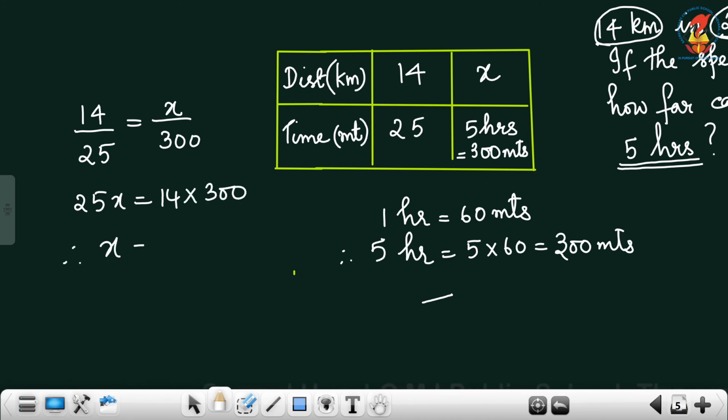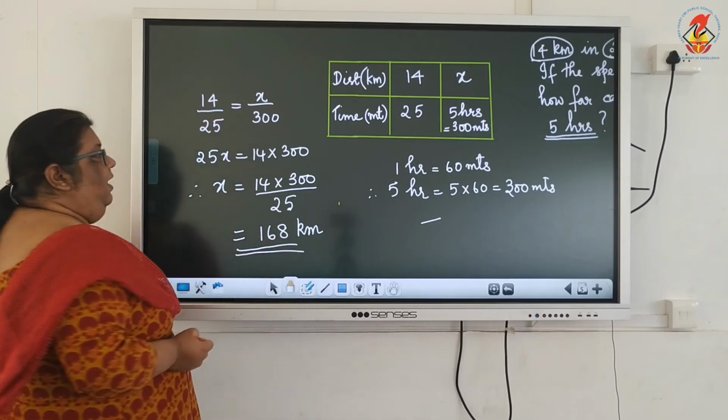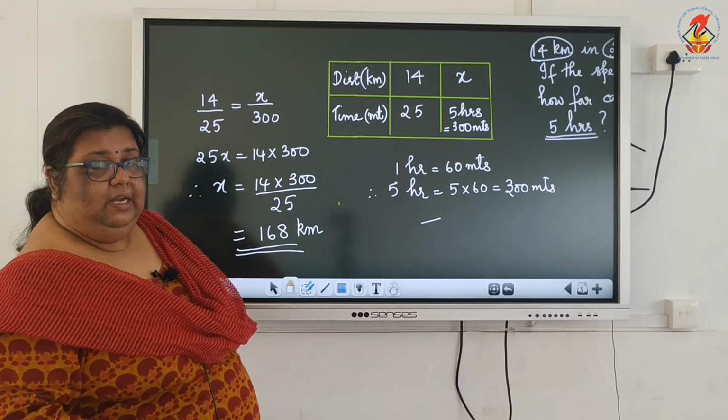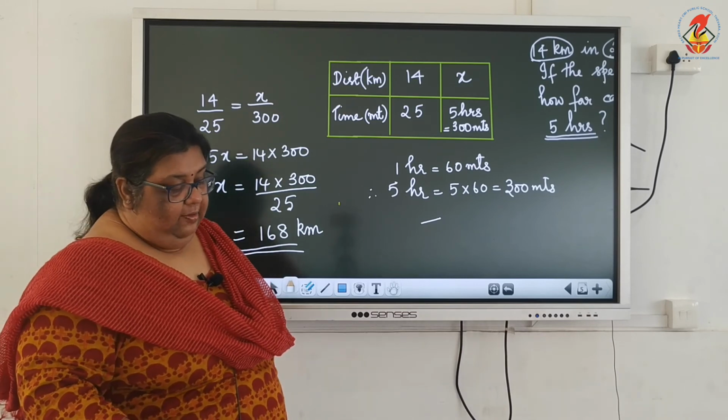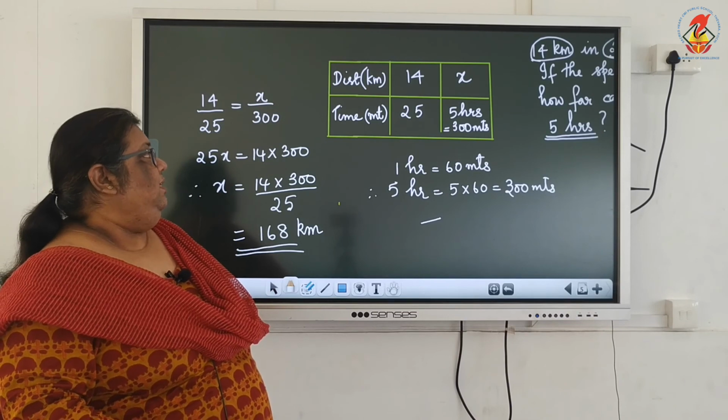Therefore, x equals 14 into 300 by 25. The numbers get cancelled and your answer will be 168 kilometers. So, in 5 hours or in 300 minutes, the distance travelled will be 168 kilometers.